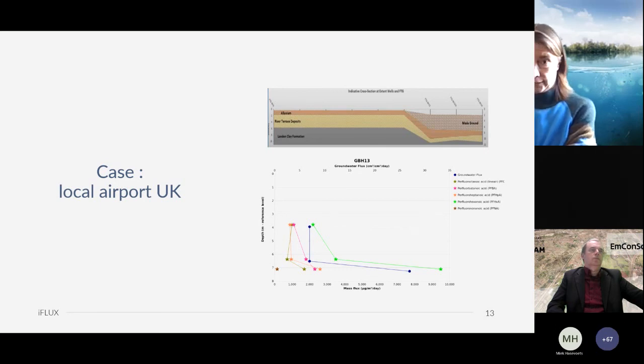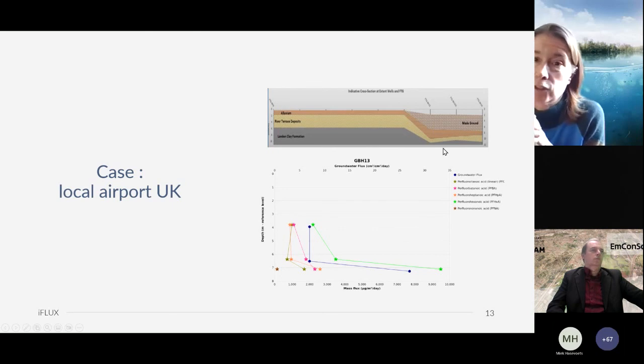I think in this case it was worth doing so, also because the vertical limitation was already clear, because there was an underlying clay formation, so the vertical spreading was very well known on site.